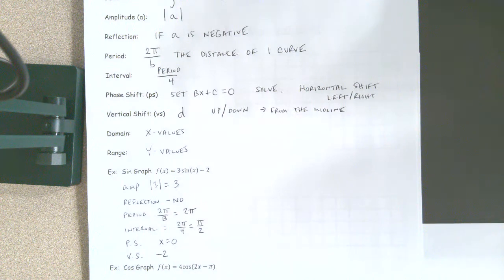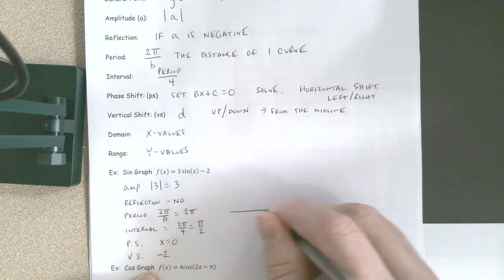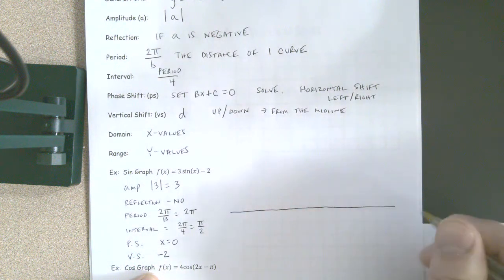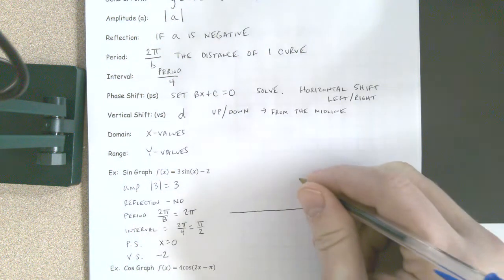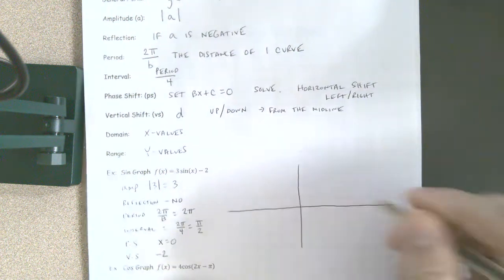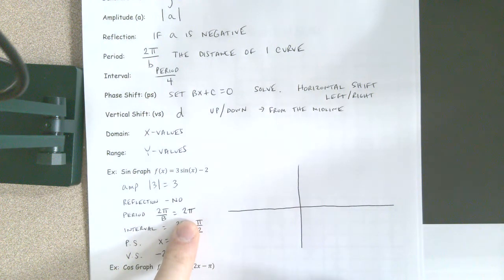Now, let's talk about what that looks like when we transfer, just so everybody understands what all the different parts mean. So when I'm making this graph, we're going to make 2 periods, which basically means we're going to make 2 curves. So here's my y-axis. My period is 2 pi.